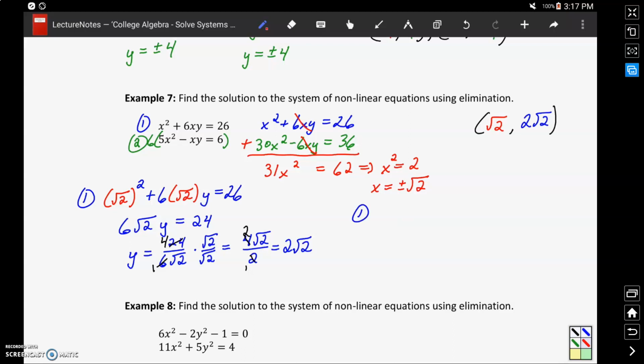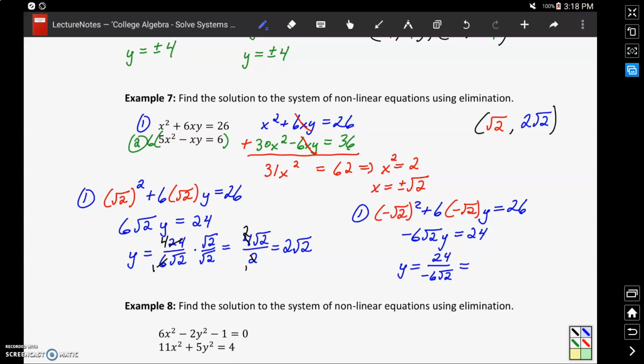We could repeat that process by plugging in negative square root 2. This will give us negative 6 times the square root of 2 times y is equal to 24, or y is equal to 24 over negative 6 times the square root of 2.